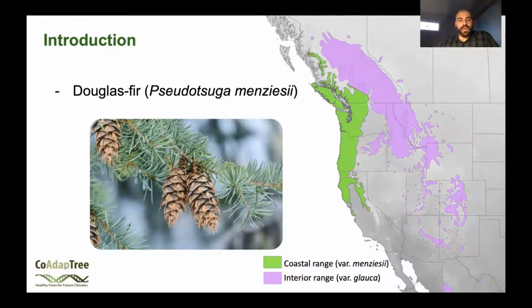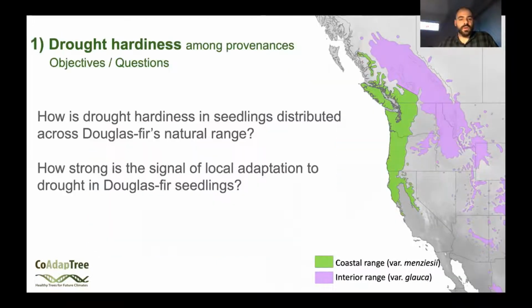So we are very interested to know how drought hardiness is distributed across the entire range of the species for the two varieties. And also we know that seedlings are strongly affected by selection to drought. So we were also interested to know how selection to drought in seedlings was distributed across the range of the species.